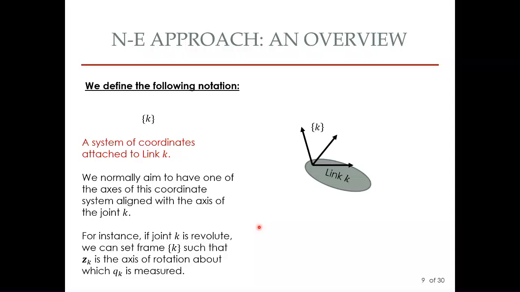You will normally assign frame K. If K is a revolute joint, you will try to have the joint axis aligned with one of the axes of frame K. Just so that it will be easy for you to define tau k and qk around one of these axes.